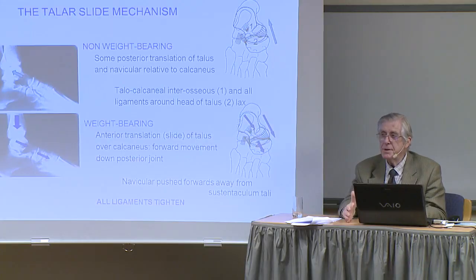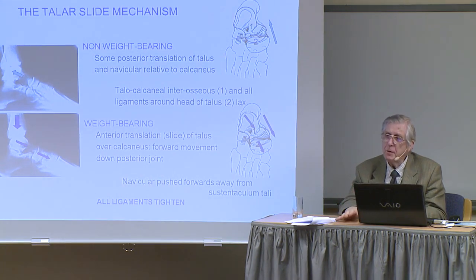All around the talo-calcaneo-navicular joint became slack if we were non-weight bearing in a supinated position. And all these lax ligaments became tight as soon as we put a weight-bearing thrust upon the talus.